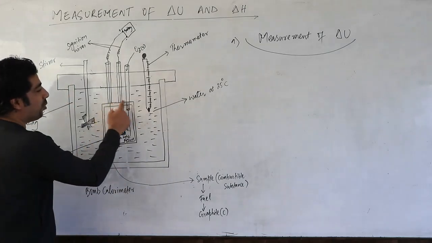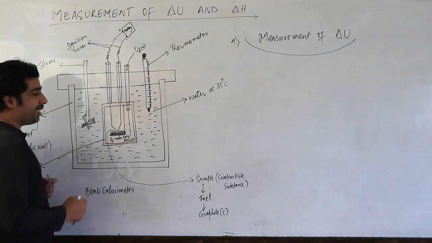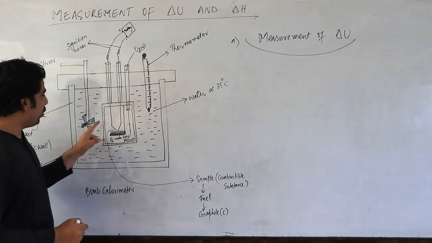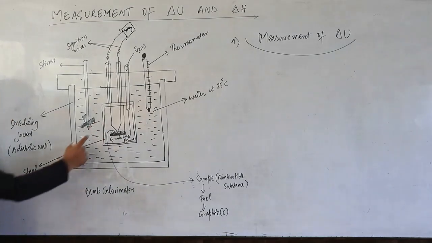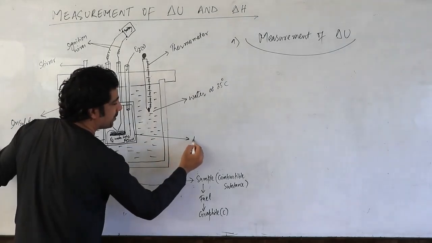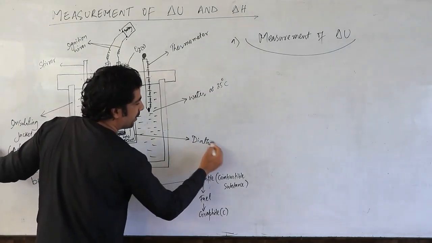This wall is made of steel, and steel will let the heat flow out. So the wall of the steel bomb is a diathermic wall.